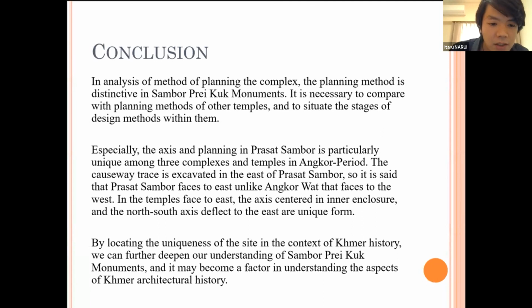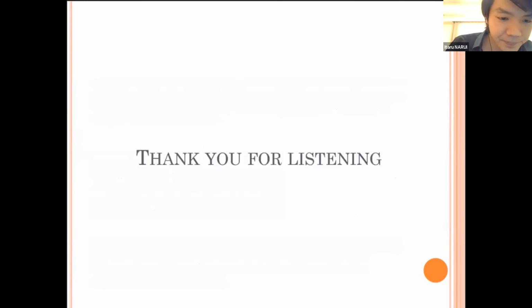By locating the uniqueness of the site in the context of Khmer history, we can further deepen our understanding of Sambor Prei Kuk monuments, and it may become a factor in understanding the aspects of Khmer architectural history. Thank you.